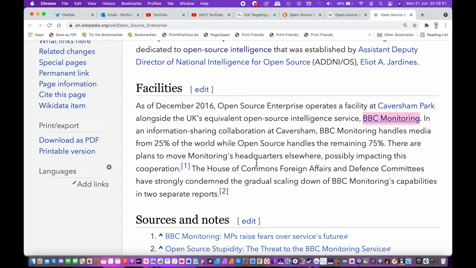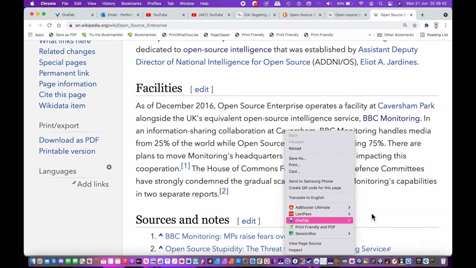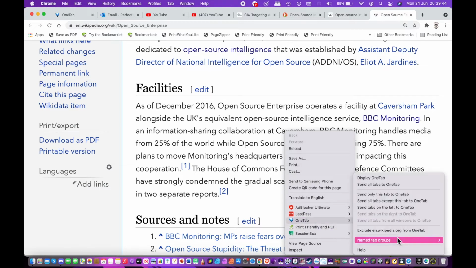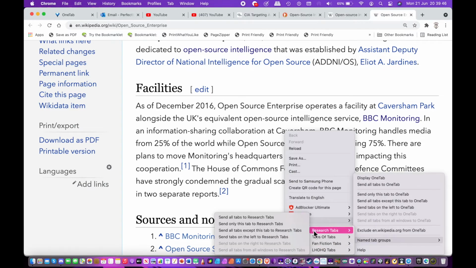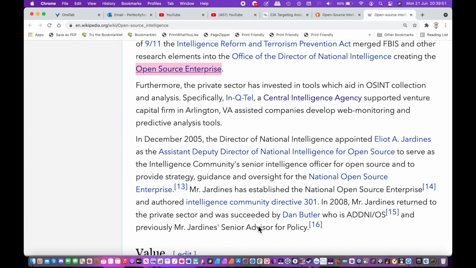In the information sharing collaboration that monitors, okay. We can put that away. I thought we was on the other one. Okie dokie.